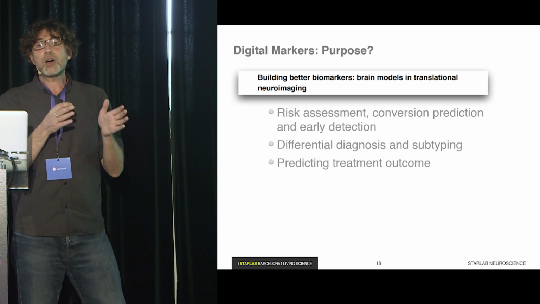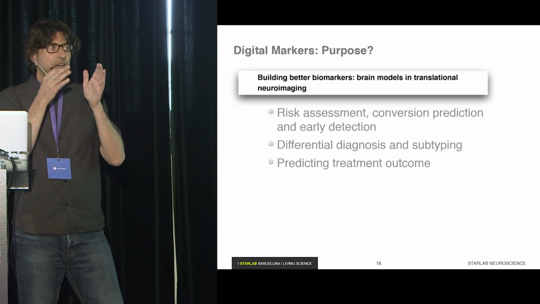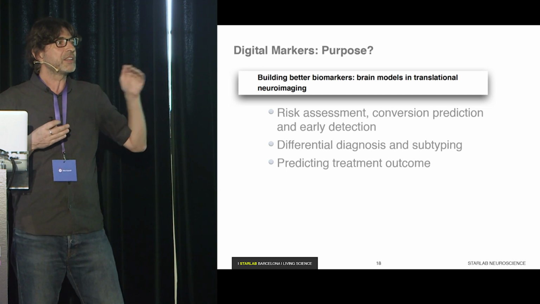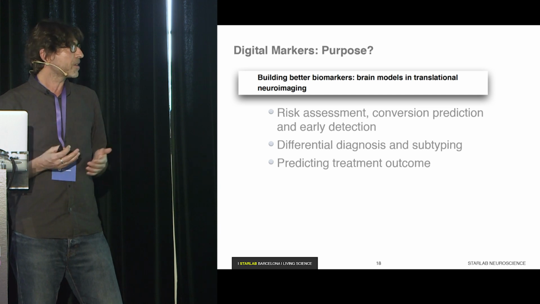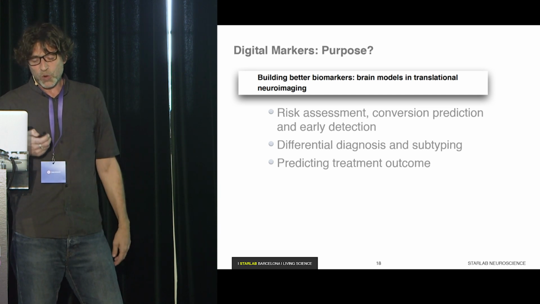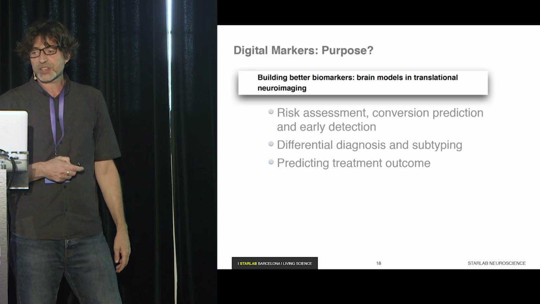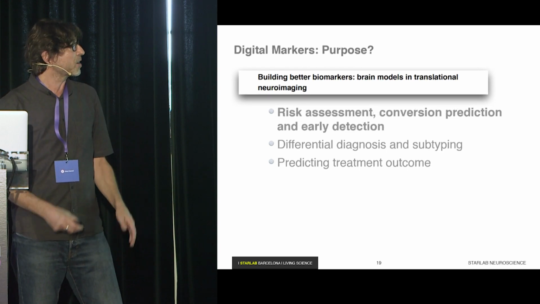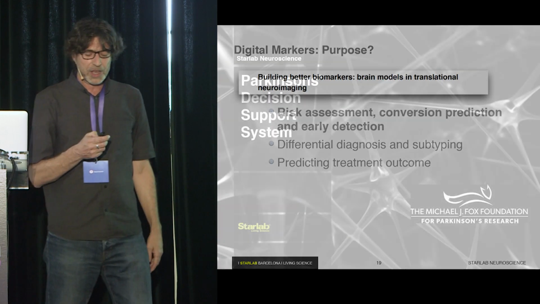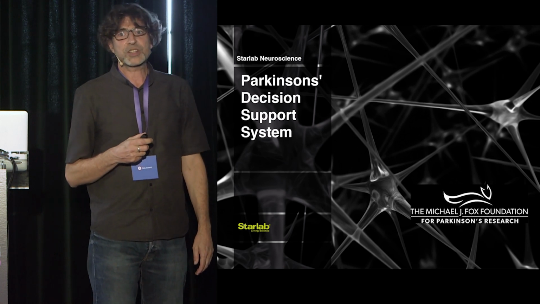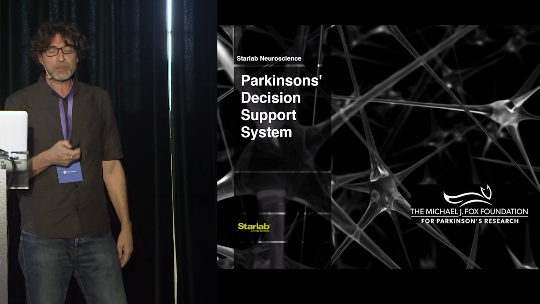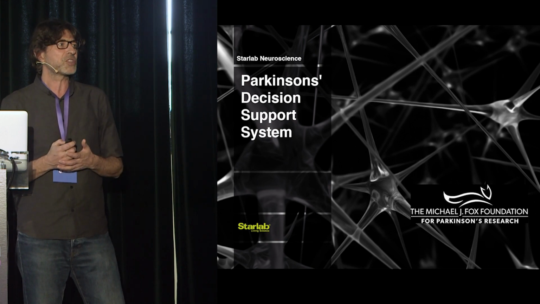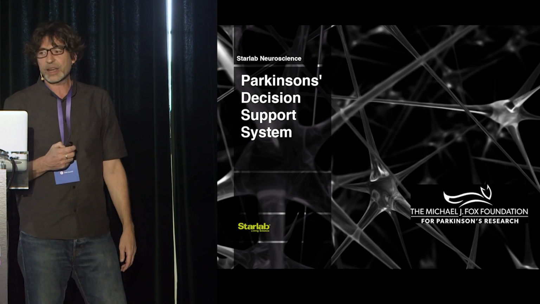I will show you now 3 activities that are related with these 3 different application fields of these digital markers, of works and projects that we have developed at Starlab. And I will start with one which is for the early detection in Parkinson's disease. So our aim, after having developed the machine learning system, is to provide a decision support system for clinicians.